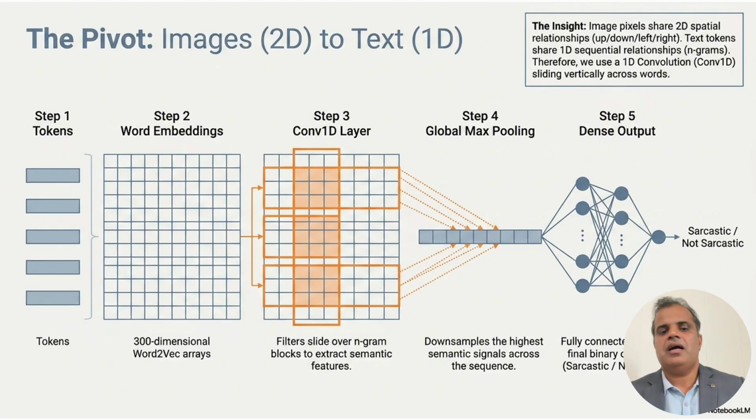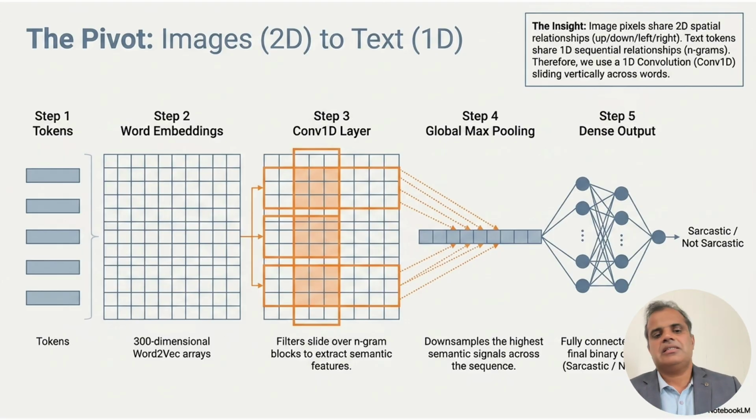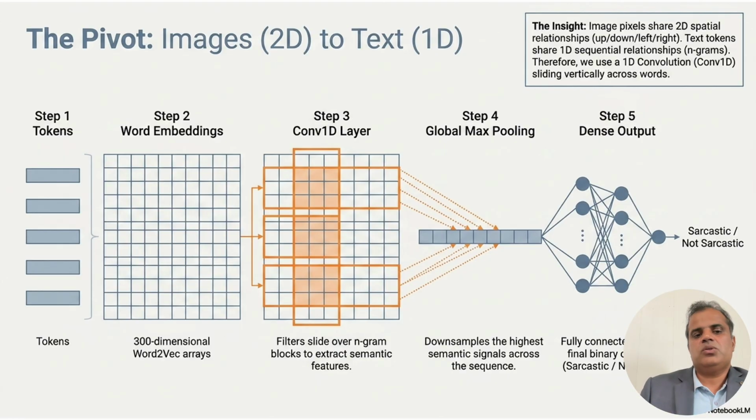In step 3, our conv1D filter slides vertically over blocks of words, acting exactly like a moving n-gram window to catch multi-word context. Step 4 applies global max pooling to grab the most critical semantic features across the whole sentence. And step 5 passes that into a dense layer to output our final classification, sarcastic or not sarcastic.